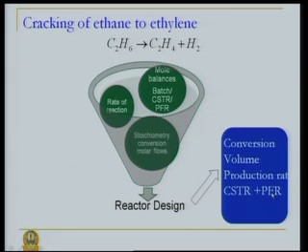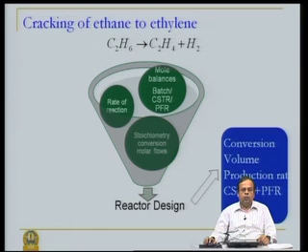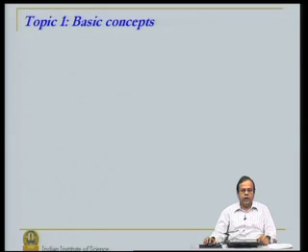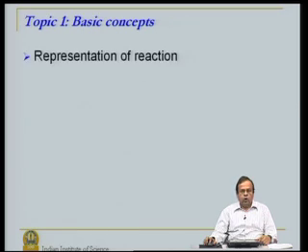So, the starting point for us is stoichiometry, and we will try to now represent our reaction in a more formal manner, so that we have the required stoichiometric tables and so on. So, let us see how we represent a reaction.